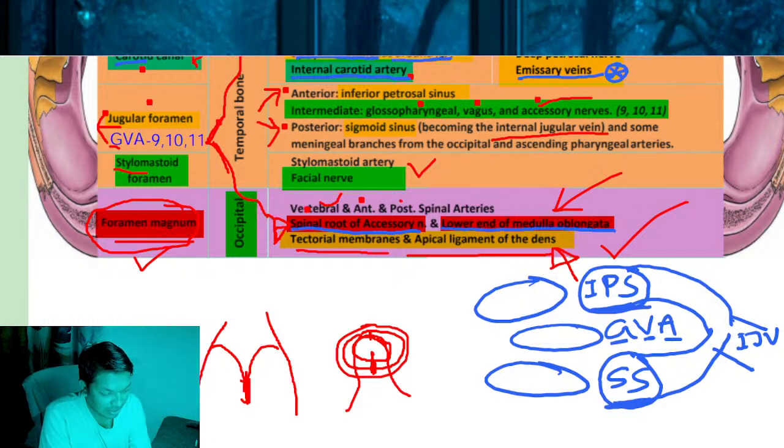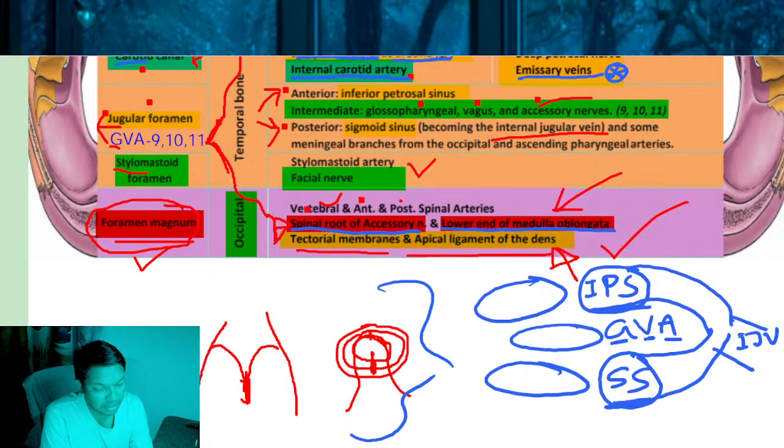Mainly important. The accessory nerve has two roots: one is cranial root, another one is spinal root. So the spinal root of the accessory nerve remains in the foramen magnum, along with the lower end of the medulla oblongata. And we have the vertebral artery. How many vertebral arteries?